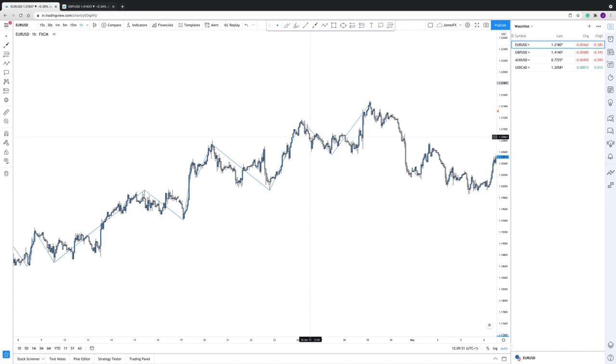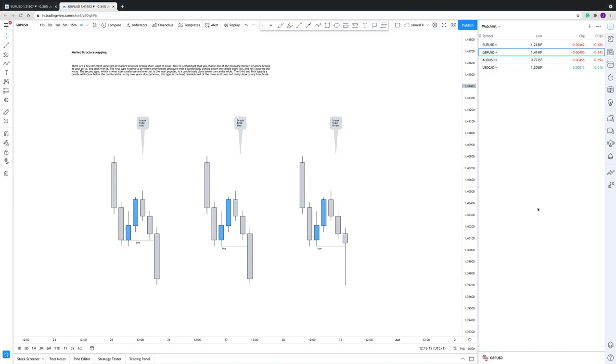Okay, so now let's get into market structure mapping and the different types of structure breaks. There are a few different variations of market structure breaks that I want to cover.